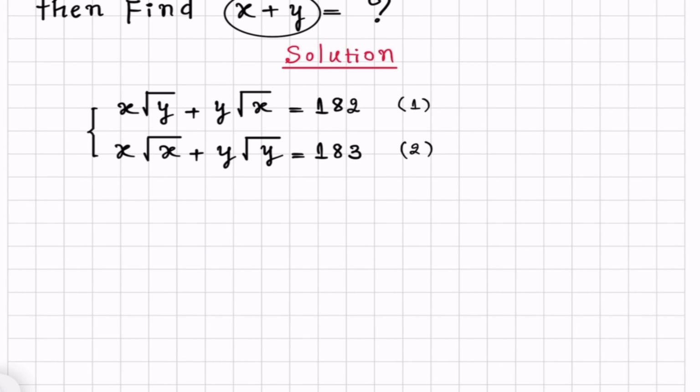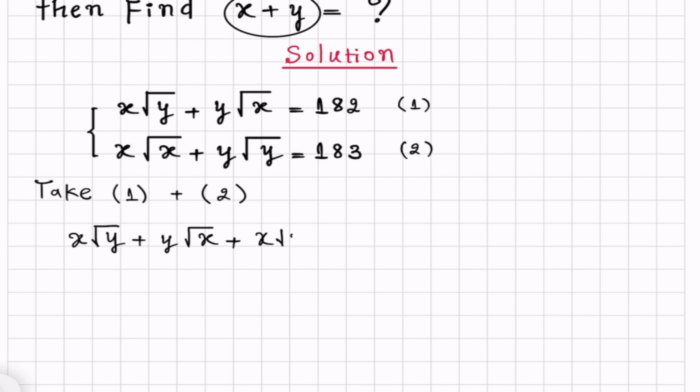So we are going to take equation 1 plus equation 2. Then we will get x square root of y plus y square root of x, plus x square root of x plus y square root of y, equal to 182 plus 183.